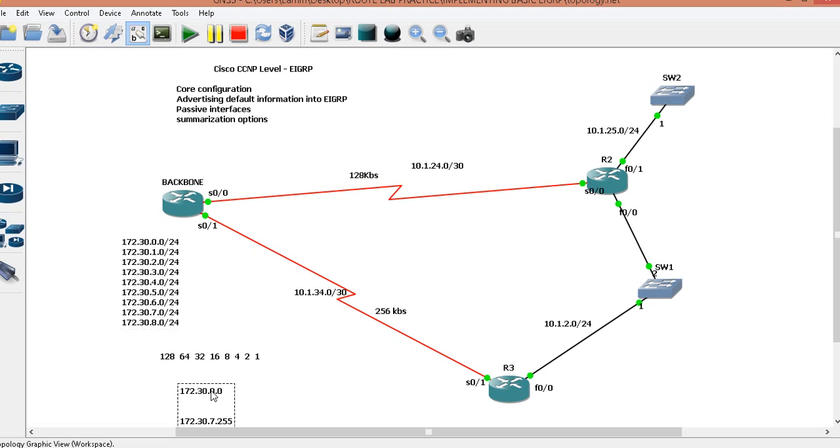You know that this is a broadcast address. So using the increment, you can see that the first octet and the second octet are all the same. That means we already know that the summary address should be 172.30.